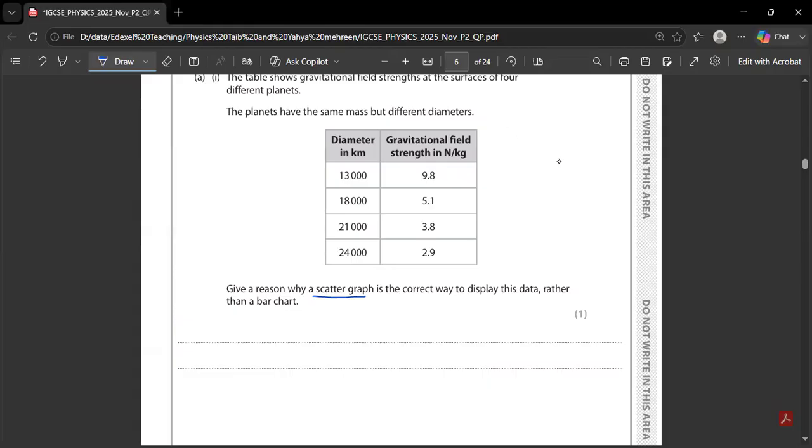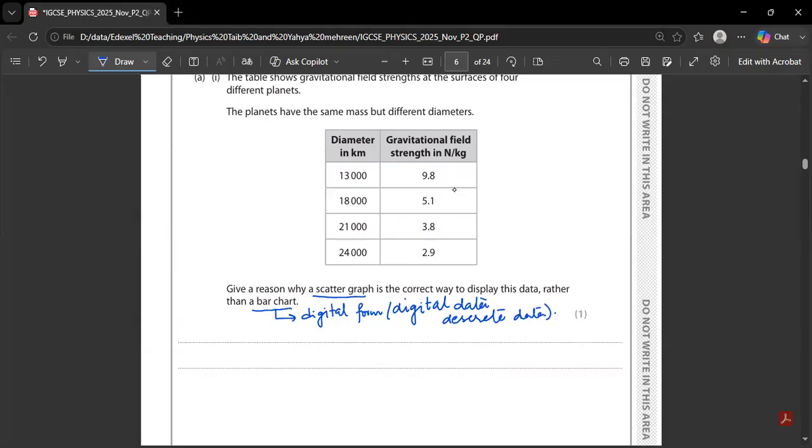Okay. So we do not plot a bar chart. A bar chart is based on digital data, or discrete form, discrete data.